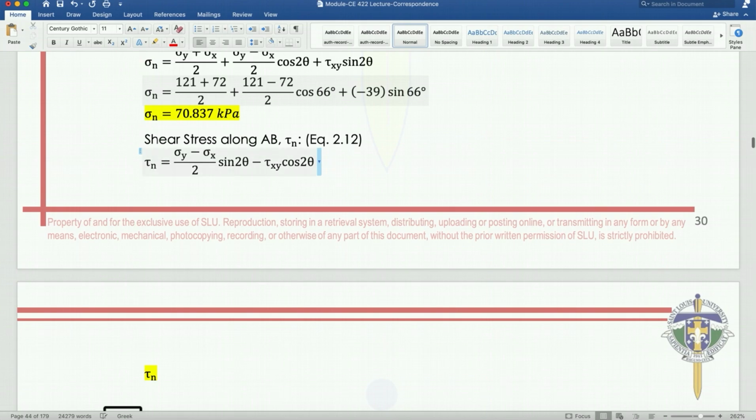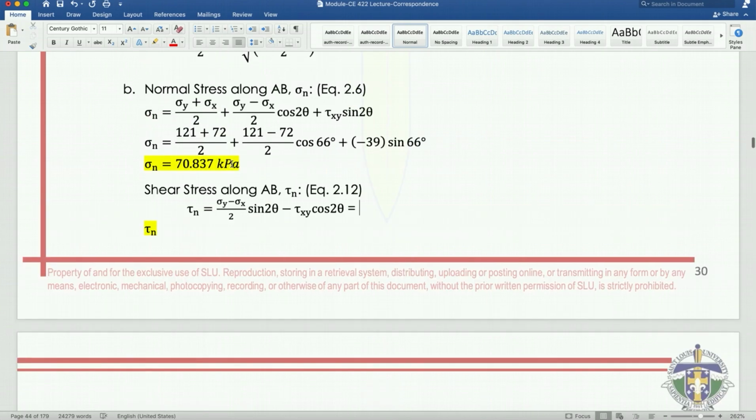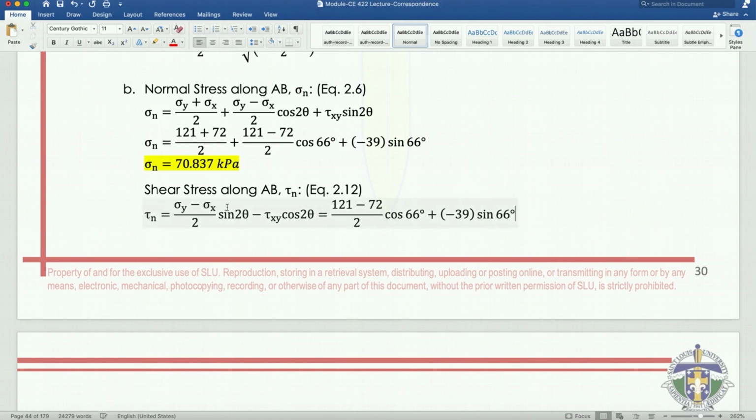So we have here, kopyahin na natin to, this term. 121 minus 72 over 2.